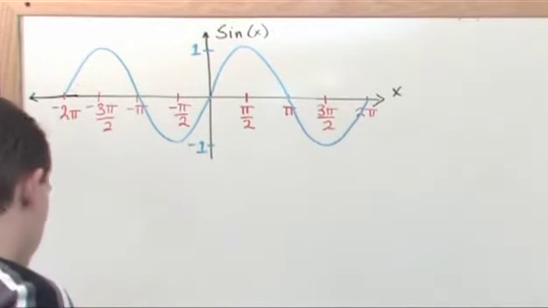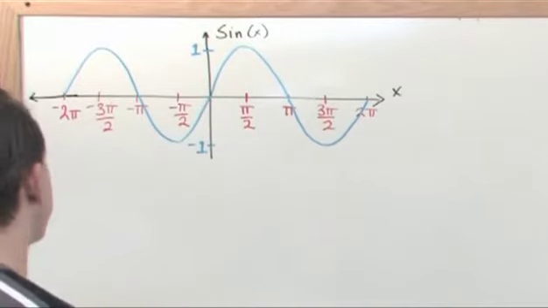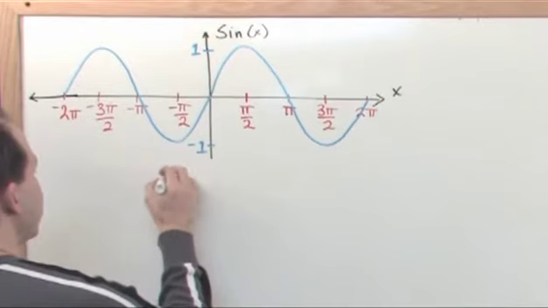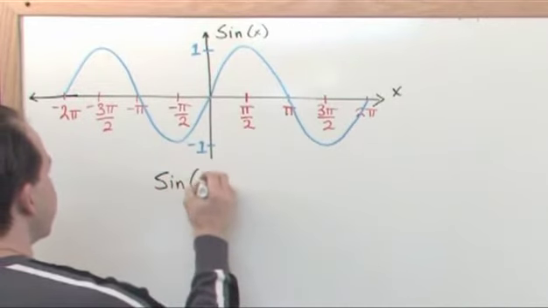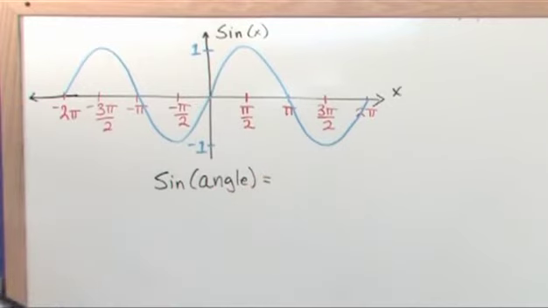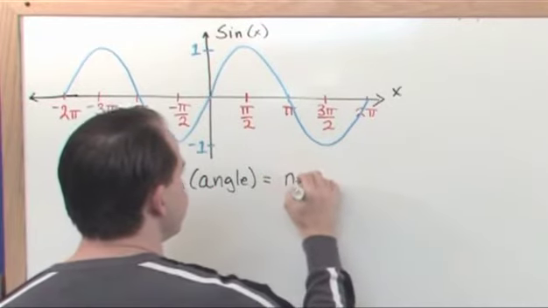Now what I want to call to your attention is the obvious: if you take the sine of an angle, what you get back out of that operation is a number.